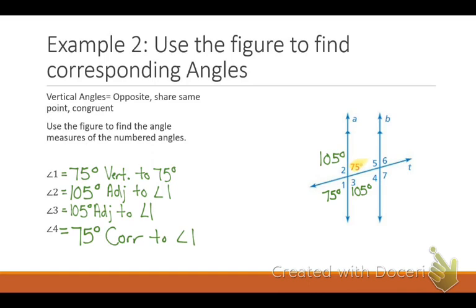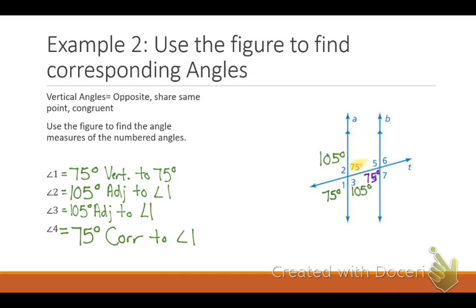Okay. And guys, are you picking up on some of the patterns here? There's only 2 values. It's either 75 or 105. And the angle relationships help me figure out which one it is. So angle 4 is going to be 75. I'm going to write over it because I'm out of room.